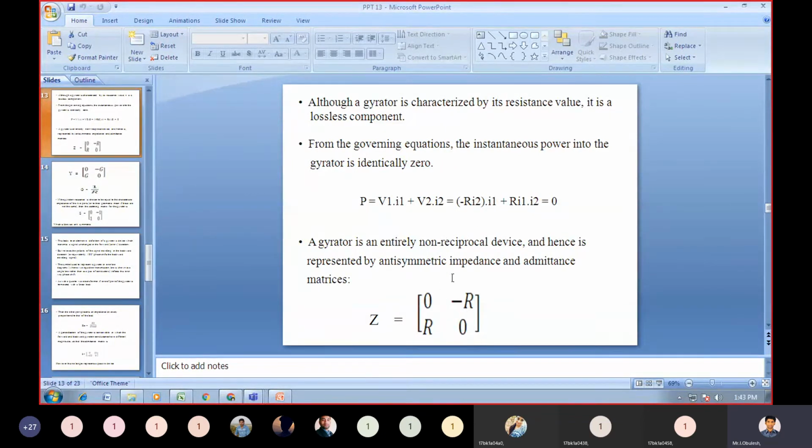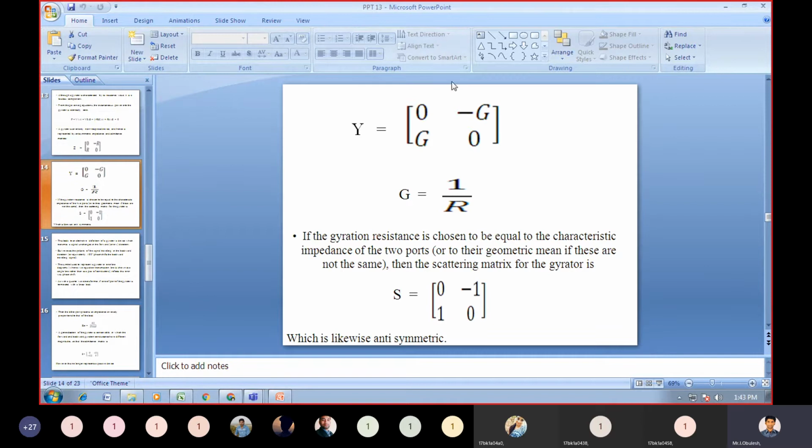The anti-symmetric impedance matrix is Z equals [0, minus R; R, 0], and the anti-symmetric admittance matrix is Y equals [0, G; minus G, 0].